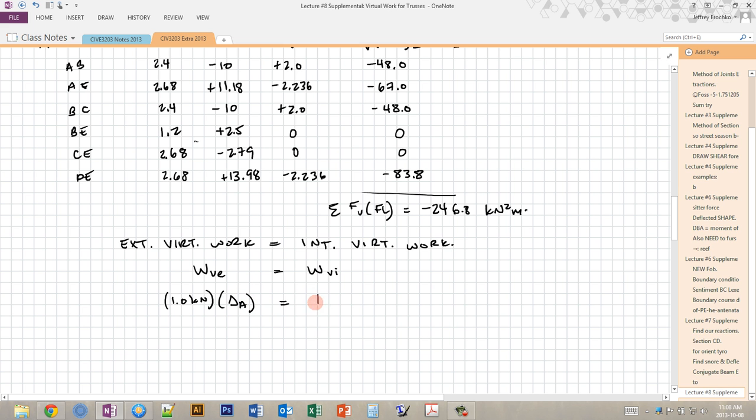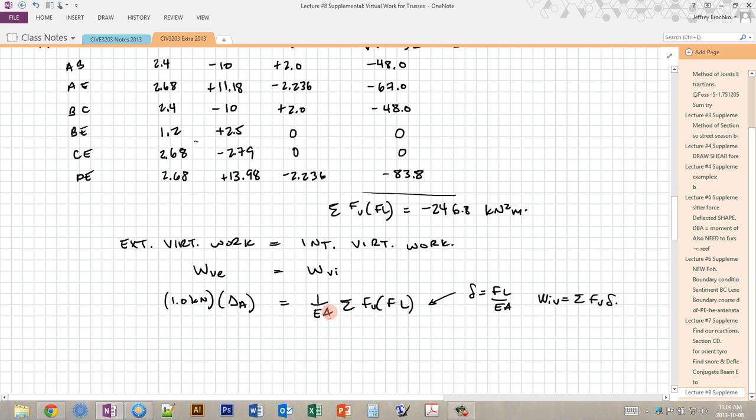And then our virtual internal work is 1 divided by EA times the sum of FV times FL. Okay, so you'll recall that deformation is FL over EA. So then this whole expression, the virtual internal work, is the sum of the FV times the delta, which is what this represents.